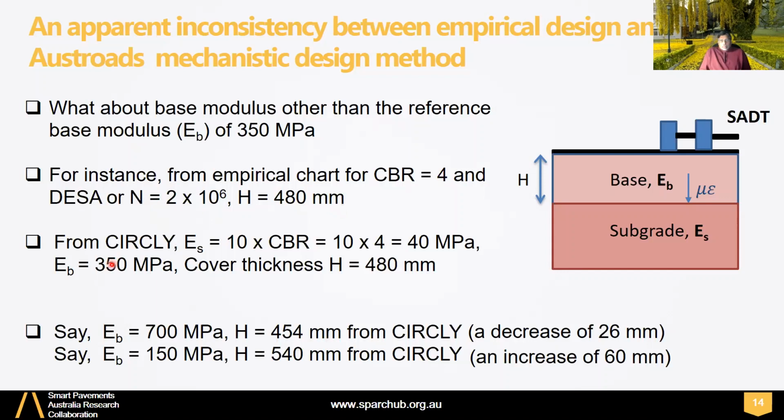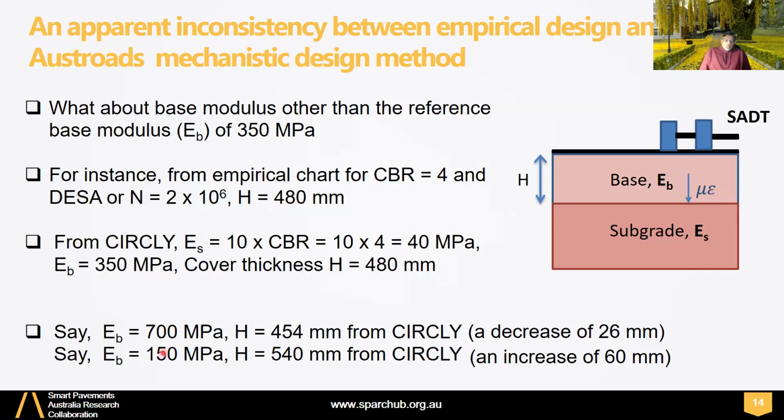If you put the same things into CIRCLY and run it, and we select the subgrade modulus as 10 times CBR, 10 times 4 is 40, and the base value is the standard value, then a cover thickness of 480 is determined after rounding off. So they are matching, right?